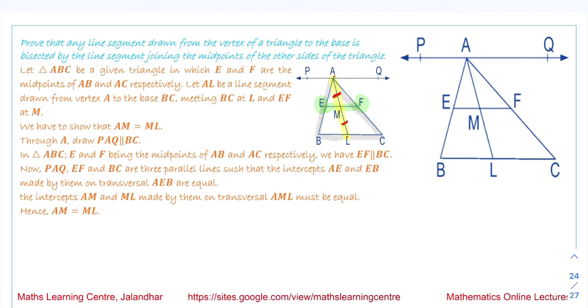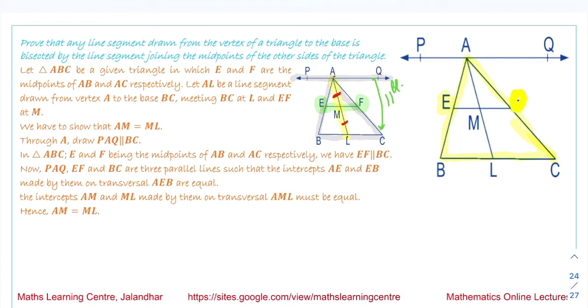To prove this, we do a construction: we draw the line PAQ parallel to BC. Now consider the triangle ABC.